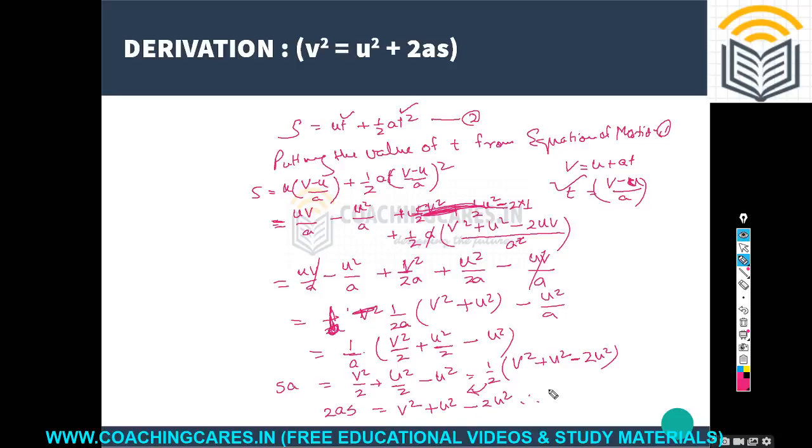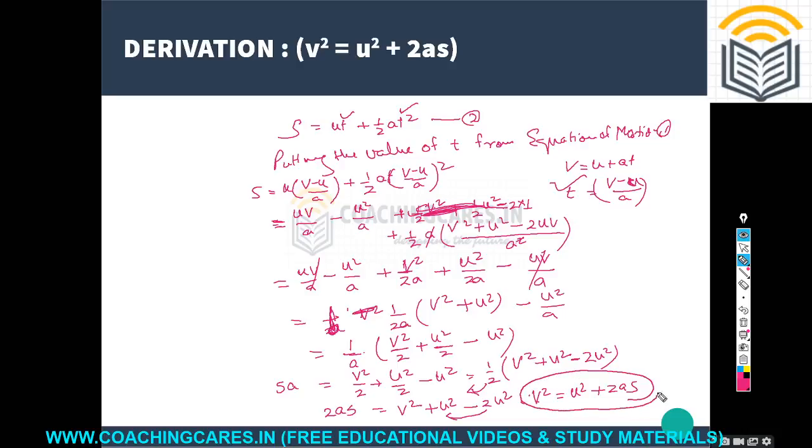Or we can write v square is equal to... minus 2u square. So this is plus u square, so it will be minus u square. So this u square will go this side, so this will be plus. So v square is equal to u square plus 2as.